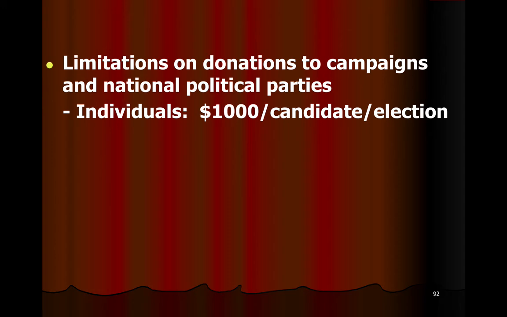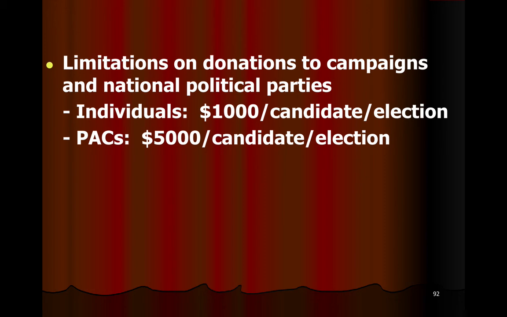That's presidential candidates, that is Senate and House candidates. The primary and the general election are seen as different elections. So if I was a Republican, I could donate $1,000 to every single Republican that's running, not just in my state, but in every state for the House, for the Senate, and for the presidency. And then in the general election, I can donate to the candidates there that I wanted to.